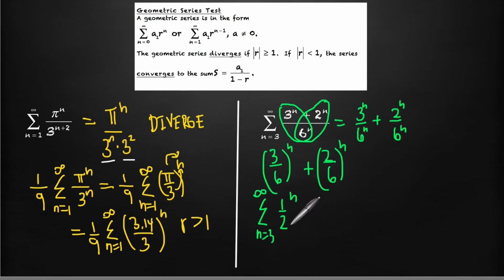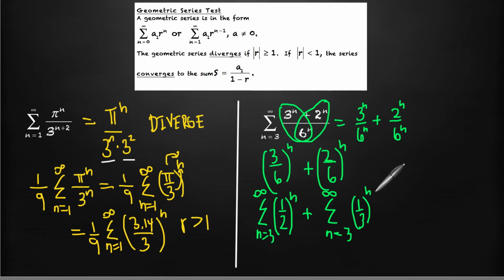And then let me put parentheses around this. And then we're going to have the summation from n equals 3 to infinity of (1/3) to the n. Now clearly both of these are going to converge, because 1/2 is less than 1 and 1/3 is also less than 1. So this is going to converge.